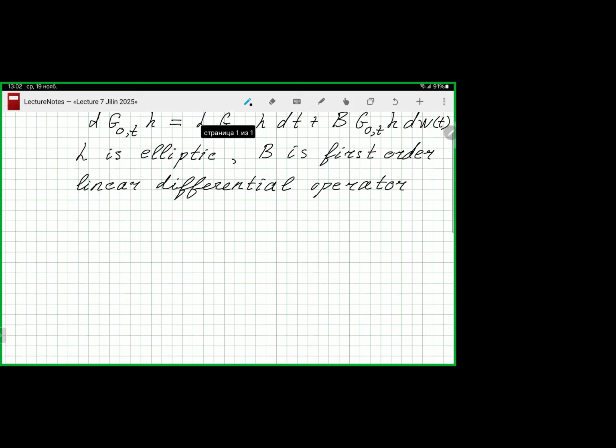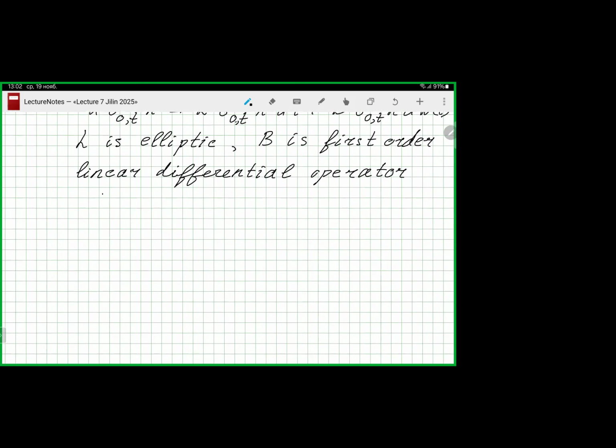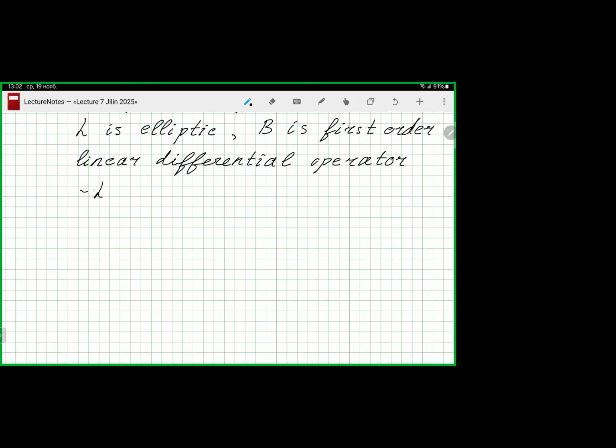Then we must have a relationship like minus A is greater or equal than B convolution with B, which is also a second order operator.